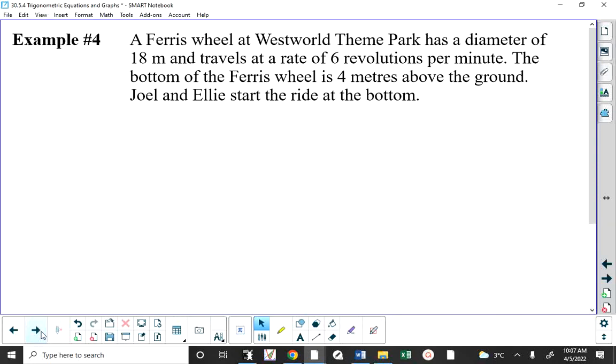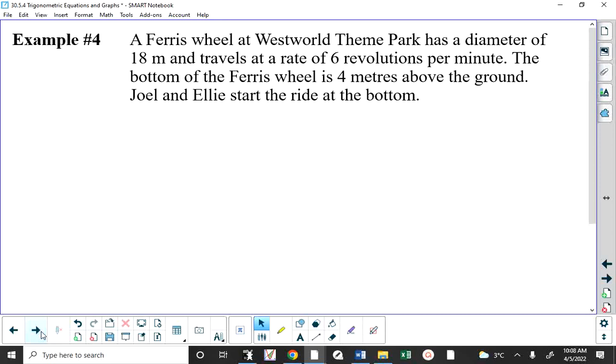The final question is an application where you're not given the equation of the function. It says a Ferris wheel at Westworld Theme Park has a diameter of 18 meters. It moves in a complete revolution 6 times every minute.